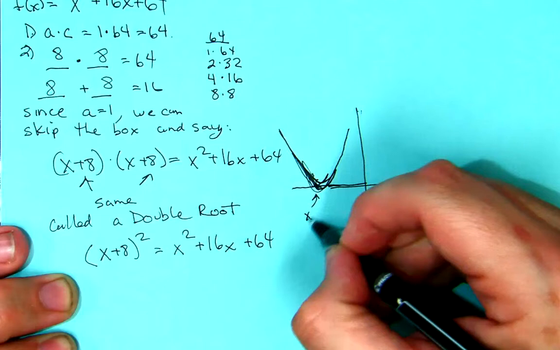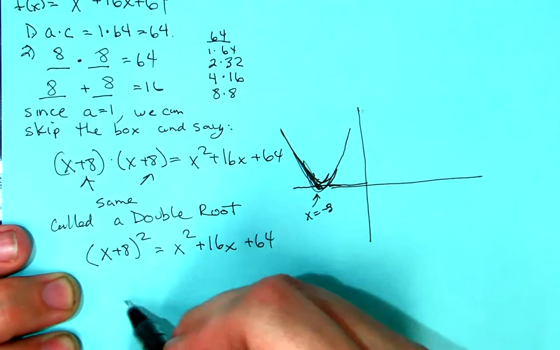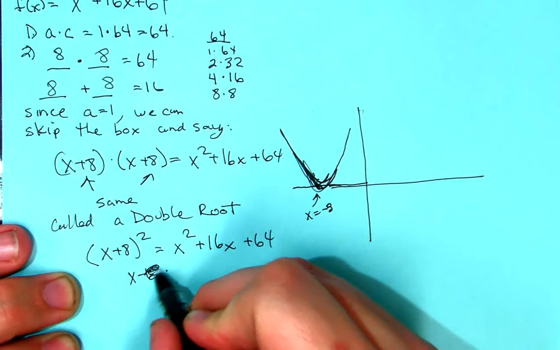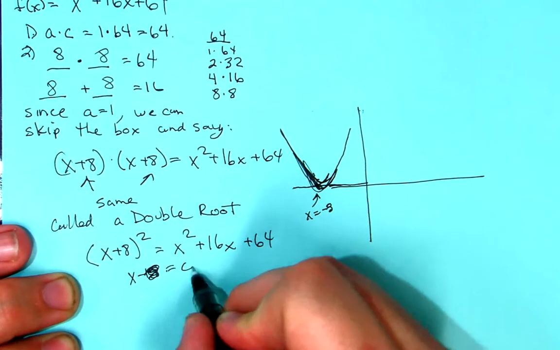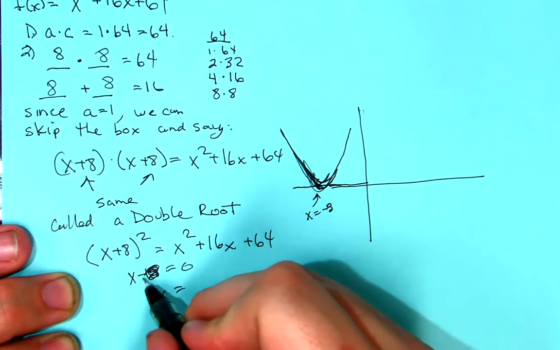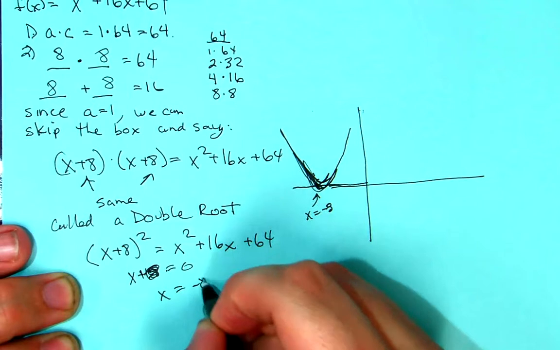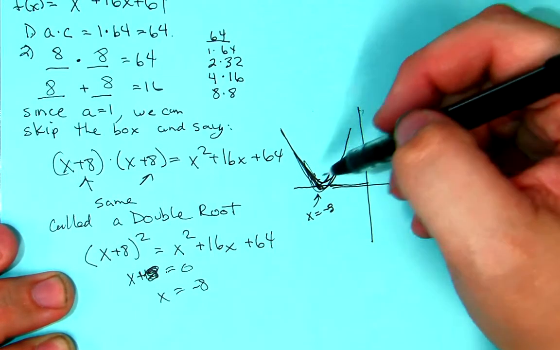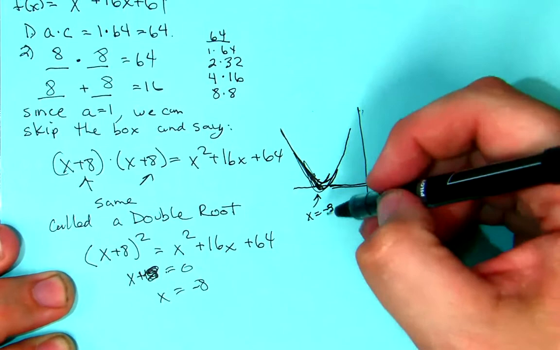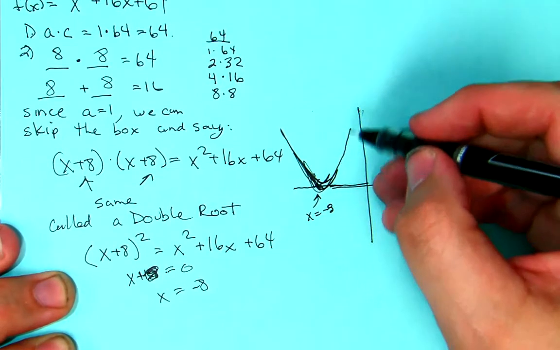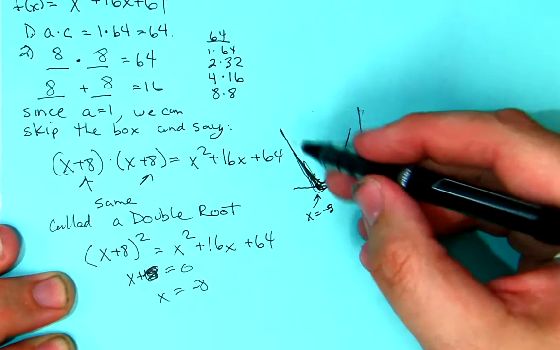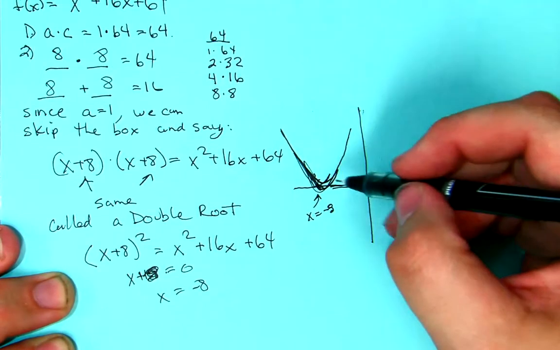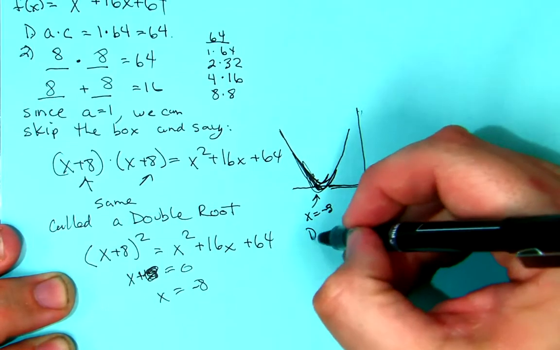Right here at x equals negative 8. We find that by saying x plus 8 is equal to 0, so x is equal to negative 8. The vertex is the only thing that's on the x-axis. So when you see the graph hit only in one spot like this, or the bottom part of a hump in the graph, that's what we call a double root.